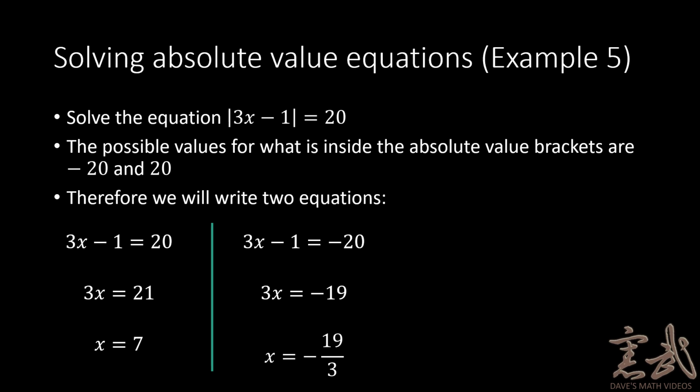Remember that in Algebra 1 and in your subsequent math classes, it's perfectly fine to leave your answer as an improper fraction. Therefore, x equals negative 19 over 3 is your final answer and doesn't need to be modified further. So, as we said, our solutions are either x is equal to positive 7 or x is equal to negative 19 over 3.